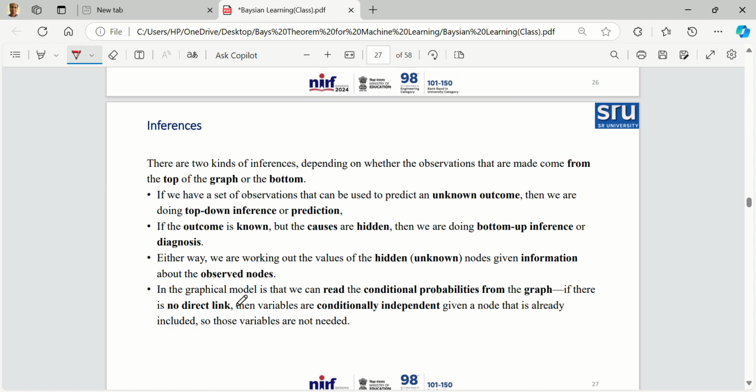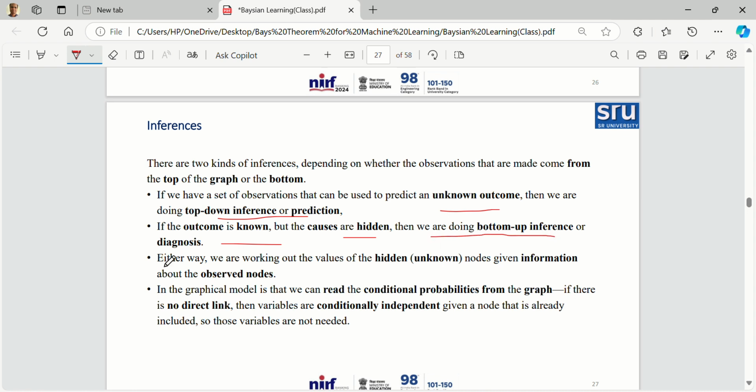If we have a set of observations that can be used to predict an unknown outcome, then we are doing top-down inference, or prediction. If the outcome is known but the causes are hidden, then we are doing bottom-up inference, or diagnosis.